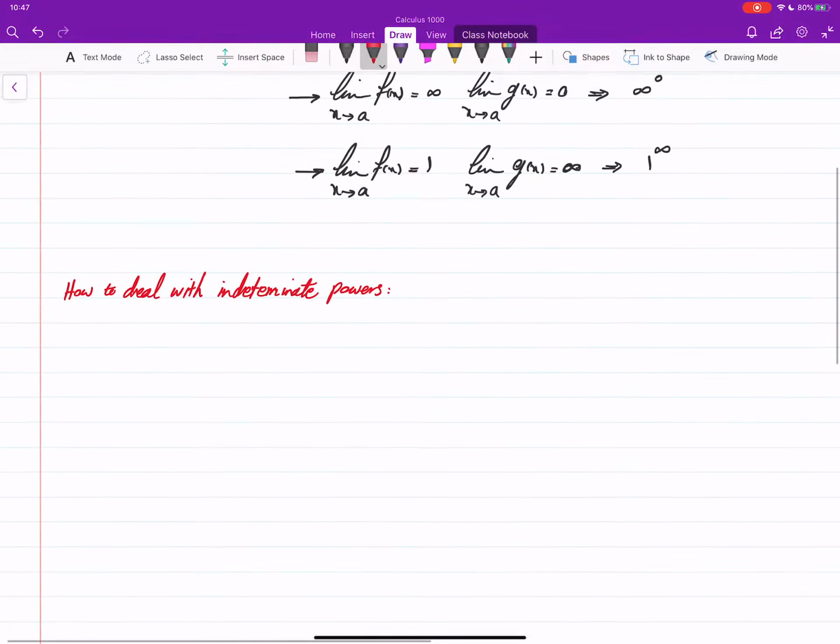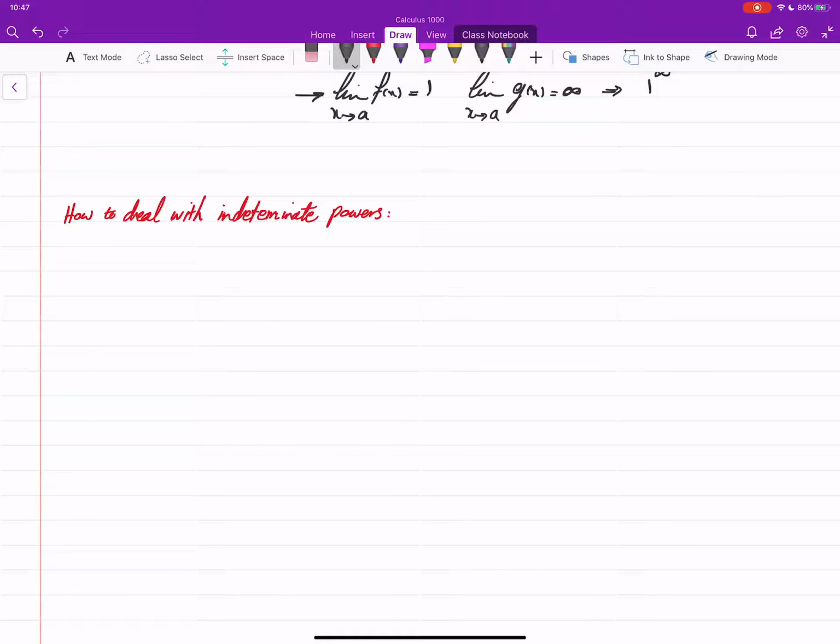The trick comes from the fact that if you have f of x to the power g of x, you can write this as the exponential of g of x times ln of f of x. This is in general true. If you have a to the power b, for any two positive numbers, you can write it as e to the power b ln of a.